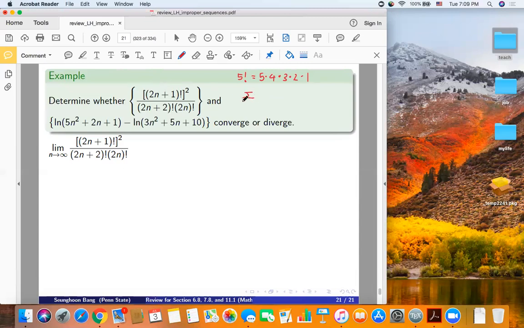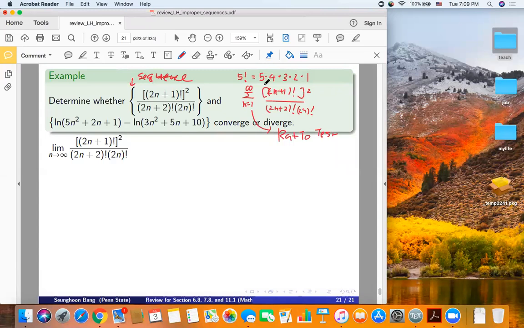So the sequence has (2n plus 1 factorial) squared over (2n plus 2 factorial) times (2n factorial). If it were a series, yes, you would use the ratio test. But this is a sequence, so don't use any test. Only calculate the limit. This is ideal.